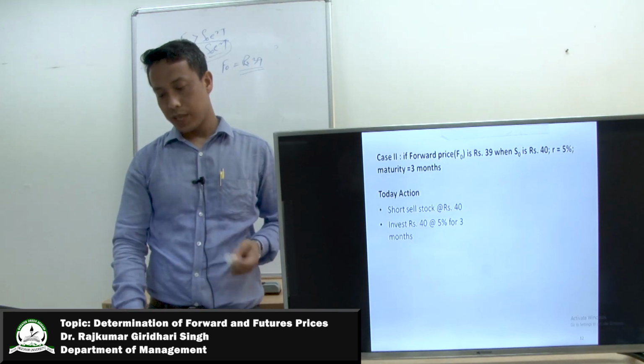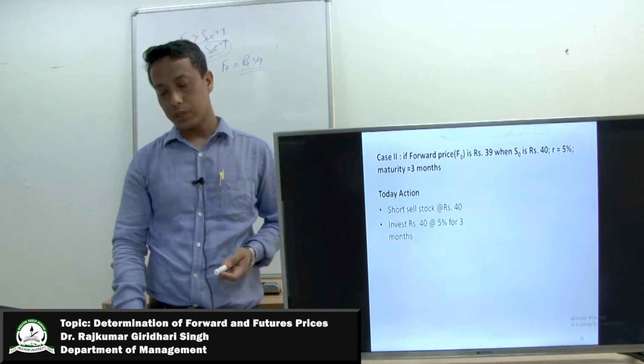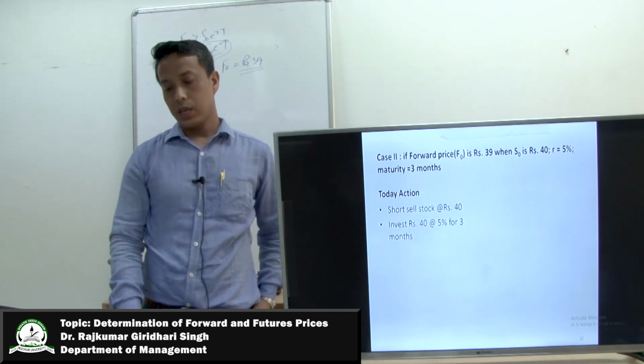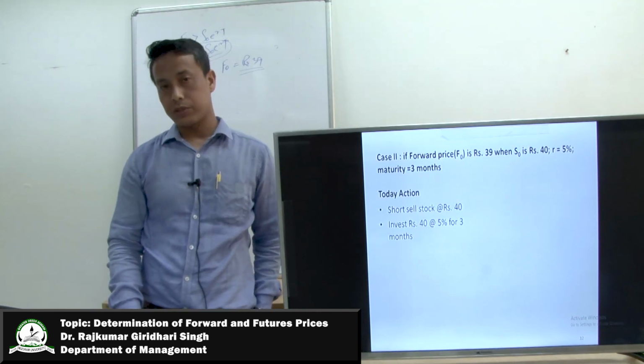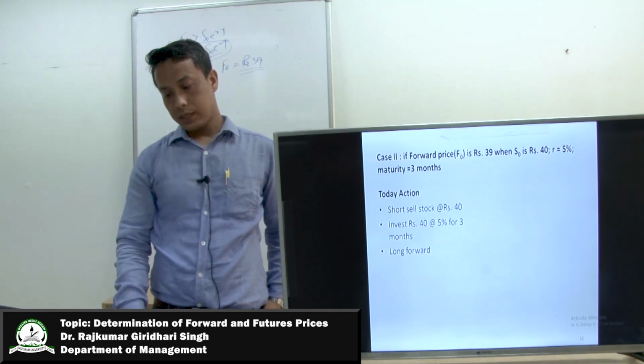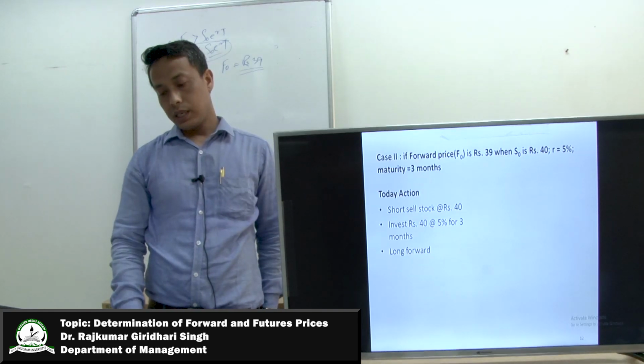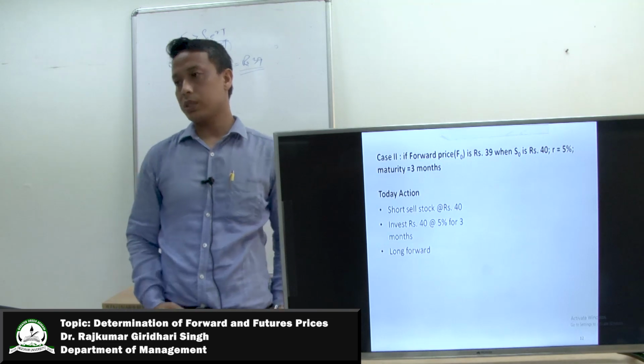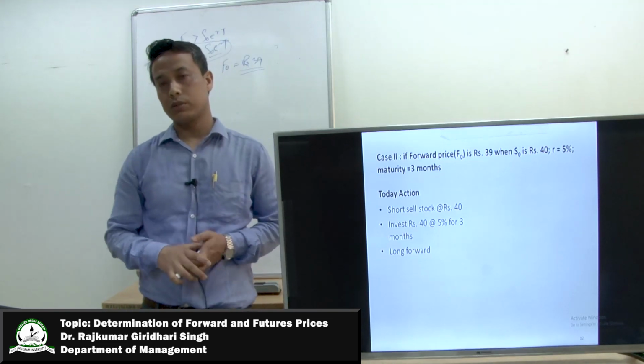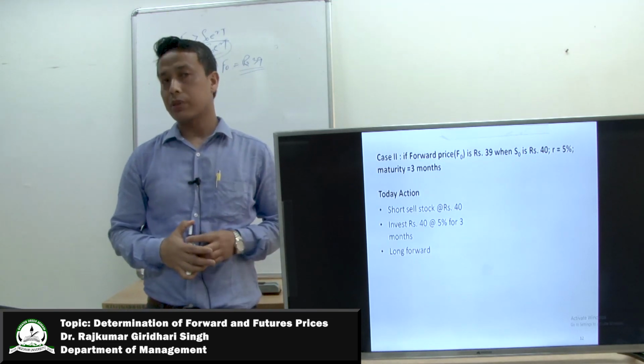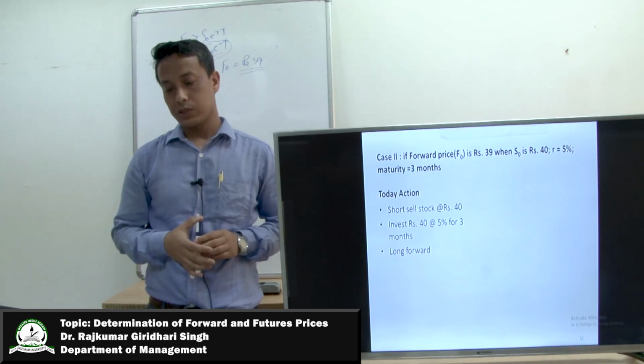So you invest 40, and you would earn interest at 5% continuously compounded for 3 months. Then you also enter a long forward contract. A long forward contract, as you already know, is a contract in which you have a right to buy this particular stock.